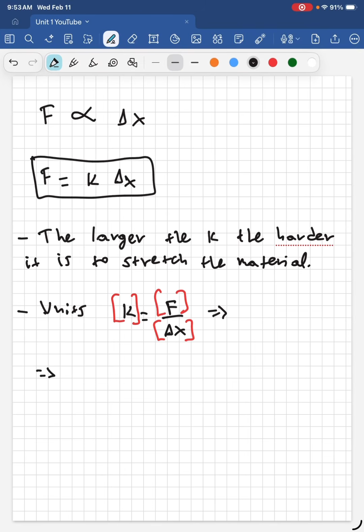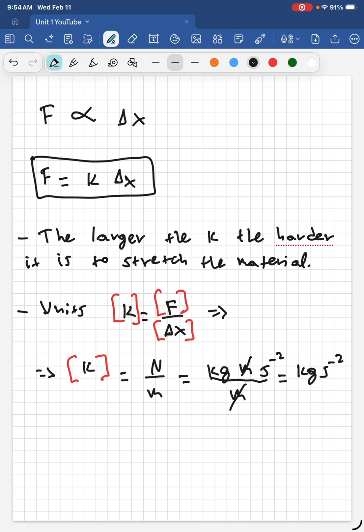So the units for K are newtons over meters. And if we want to break it further down to the base units, we have to recall that the newton is 1 kilogram times meters times seconds to the -2, and then we have meters in the denominator, so the base units for K are kilograms per seconds squared, kg s^-2.